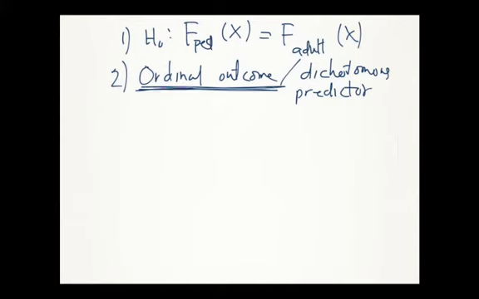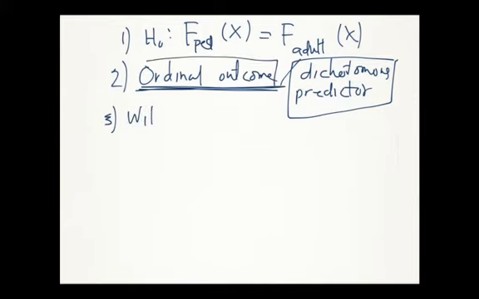The dichotomous predictor is, is the patient an adult or child? We have independent samples, and we want a nonparametric test since we have the ordinal outcome. We can't use a t-test because we have an ordinal outcome. And so therefore, the test that we're pursuing is called the Wilcoxon rank sum test.